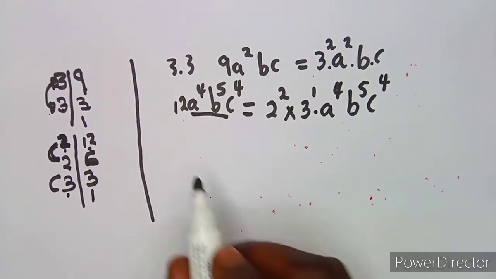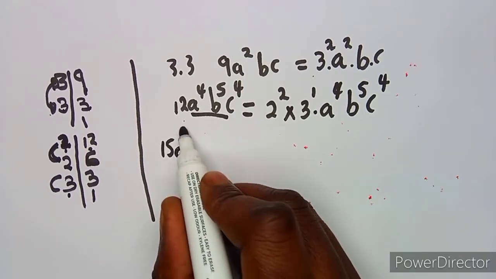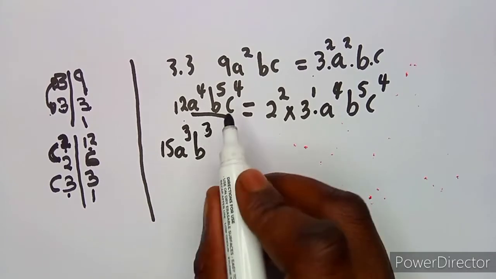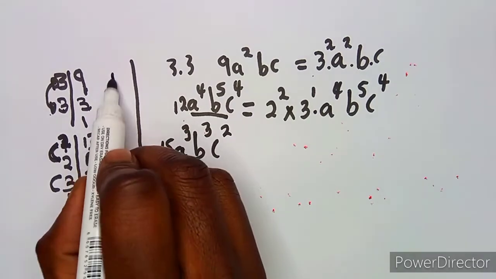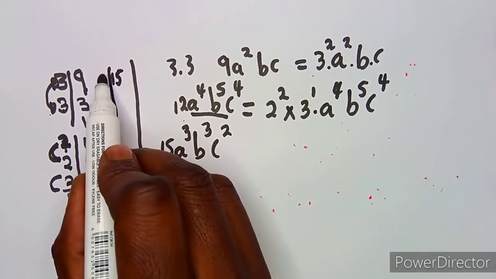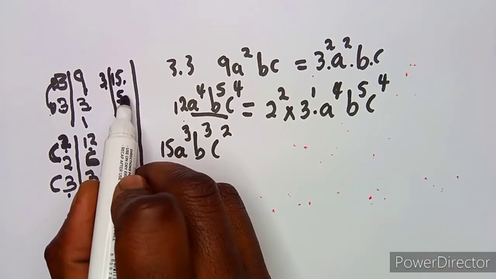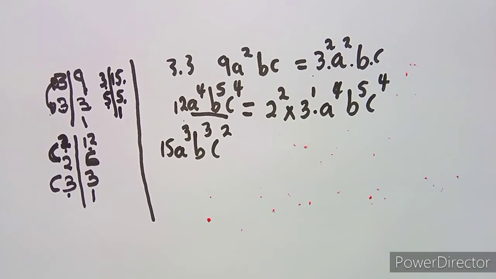Then we've got 15, that part with 15, a to the exponent of 3, b to the exponent of 3, c to the exponent of 2. All right, so what do we have here in 15? So this is just 3, the smallest is 3. 15 divided by 3 is 5. And you try 5. 5 divided by 5 is 1. So you've got 3 and 5 there.